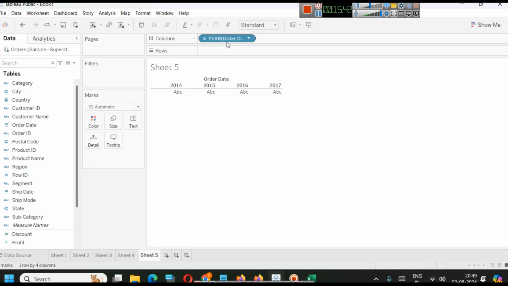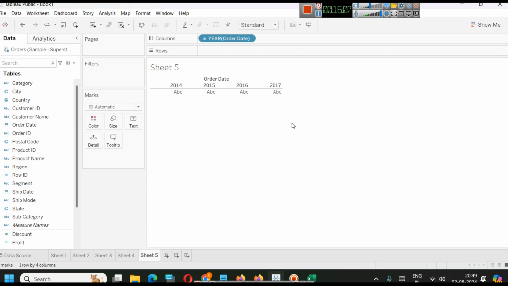So in this case, this 2014, 15, 16 and 17, it is not a numerical value. Although it's a number, it is not a numerical value. It is just a label. If you call it 2014, it will not make any difference.